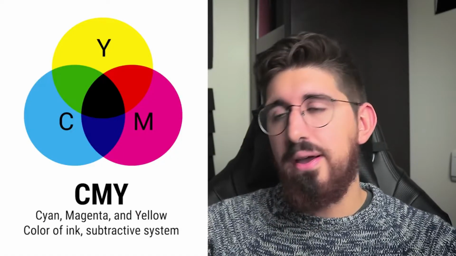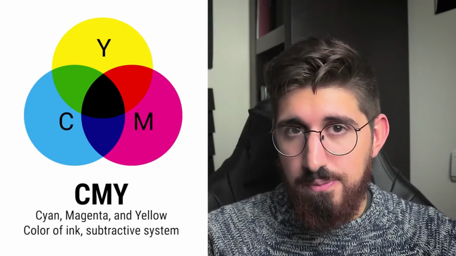Every child that starts drawing and painting in arts class is taught that these are the three main colors, the three primary colors, red, yellow, and blue. But it's not accurate at all, because you can't create these three colors with this system. It's impossible. The right subtractive color system is CMY, cyan, magenta, and yellow.